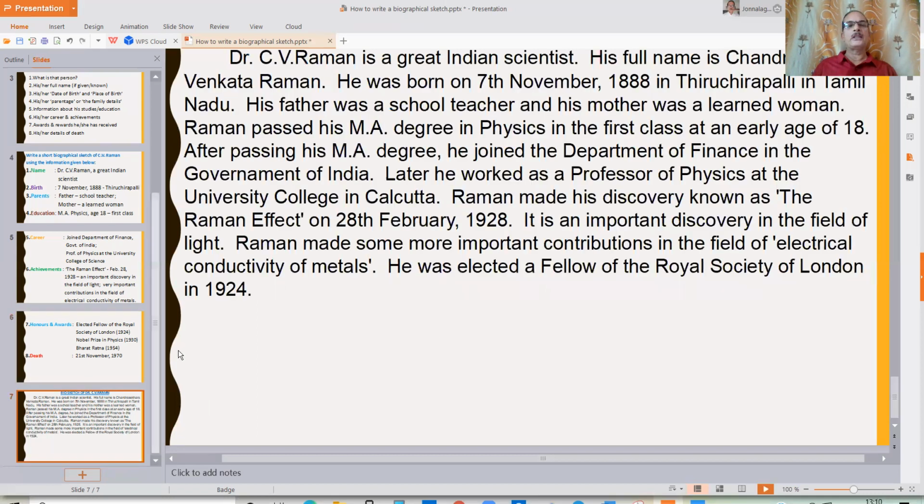What is that standard sentence? For his great contribution to the field of... suppose you are writing the bio sketch of Kohli, a famous cricketer of India. What do you say? Suppose he has received the Rajiv Khel Ratna.